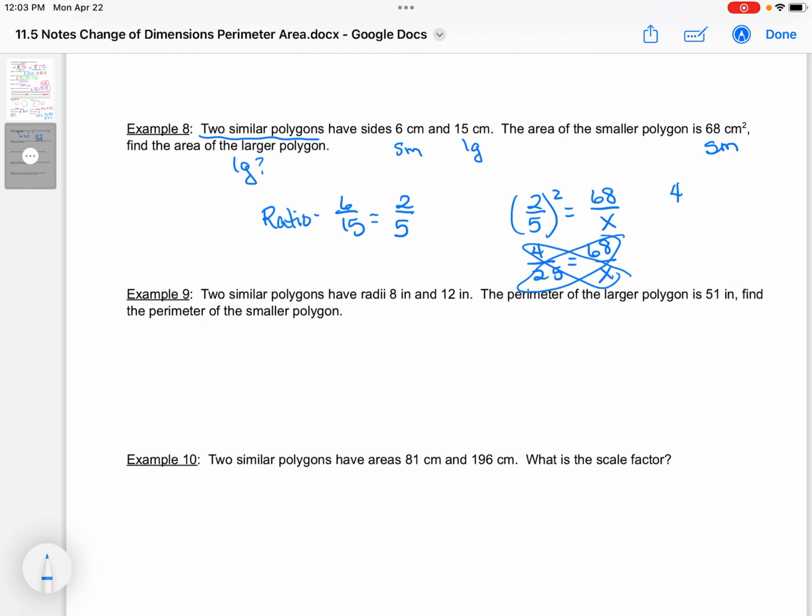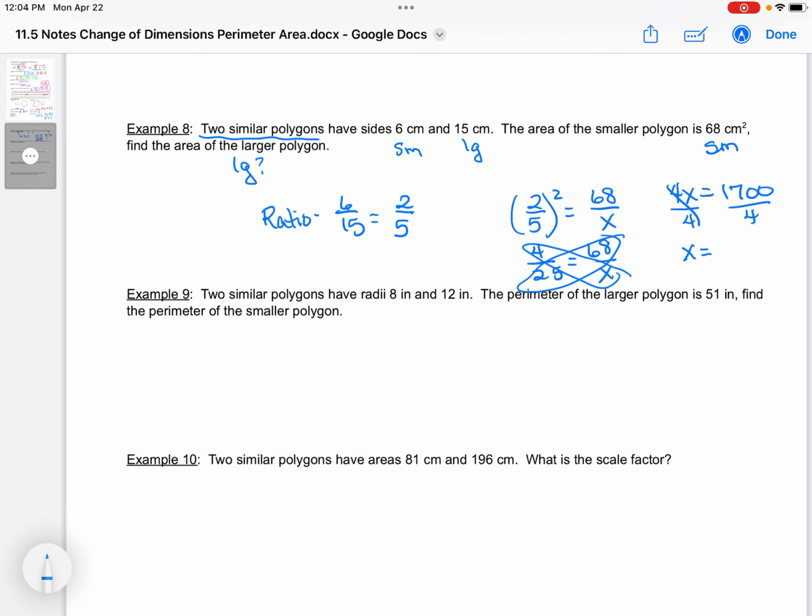And I'm going to have 4x equals 68 times 25, 1700. Divide both sides by 4.